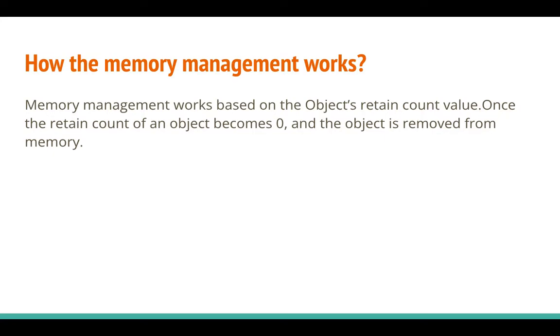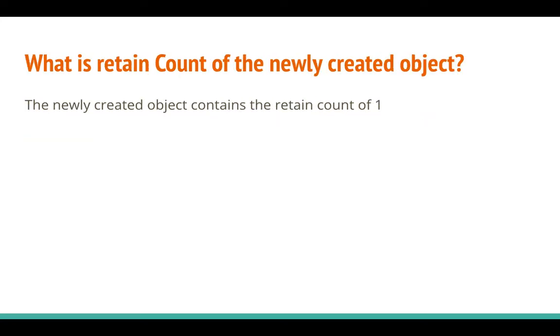Again, memory management works based on the object and its retain count value. Once the retain count of the object becomes zero, the object will be removed from memory. So what is the retain count?